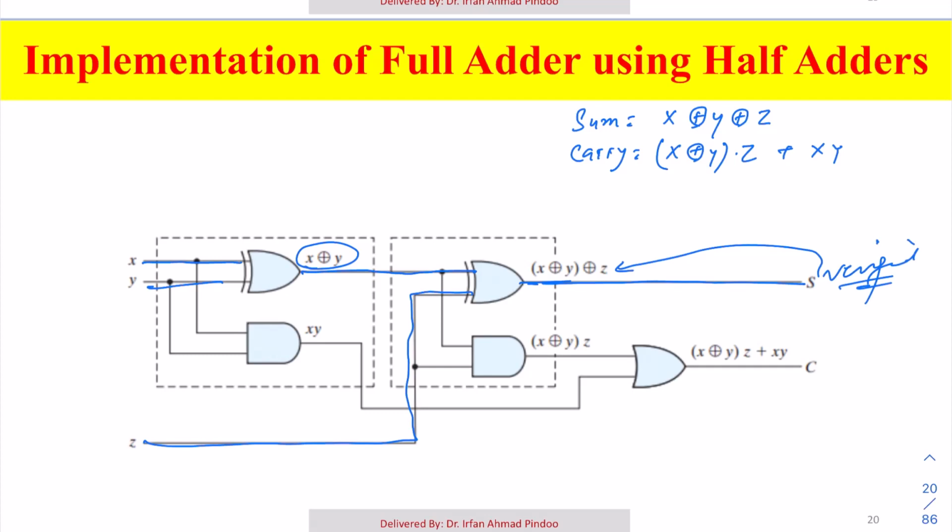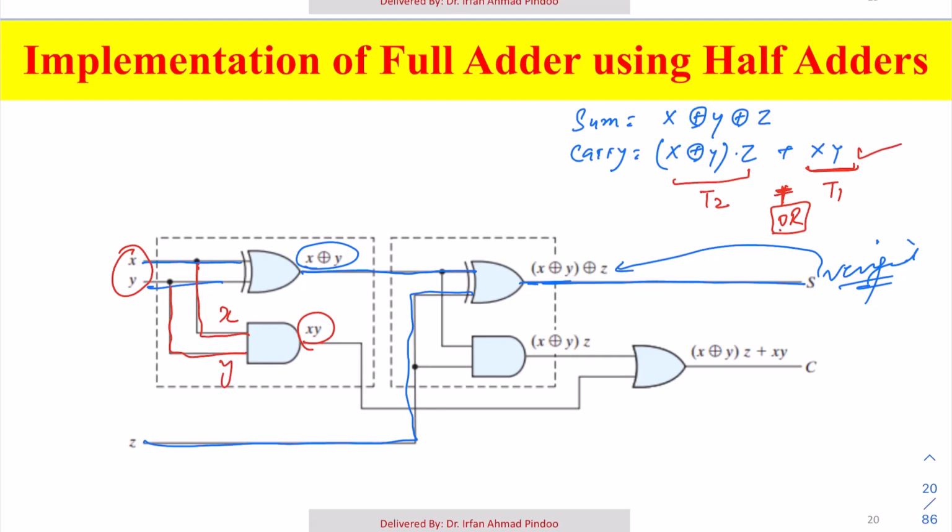Now come to the carry. In carry we have two terms. This is term 1, this is term 2, and ultimately T1 and T2 are being ORed. Let us see how we are getting both the terms. This is my x, this is y, and this product is xy, so we are getting term 1.